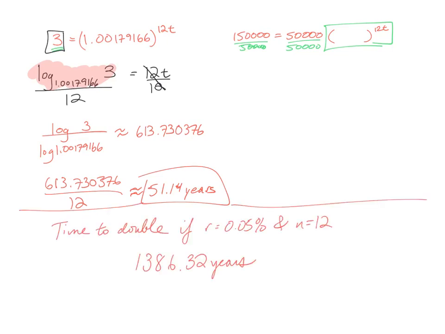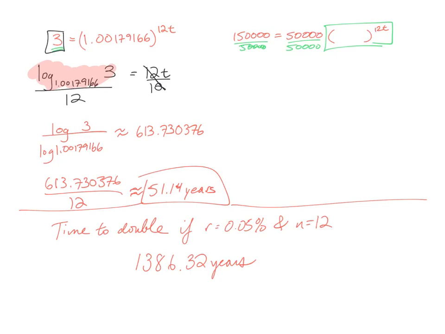And for the sake of time, I just put it up here so you can see the time to double if your interest rate was 0.05% and you were compounding monthly would take almost 1,400 years. That would be like 16, 17, maybe 18 generations for your money to double. So you always want to find a better interest rate. It will shorten your doubling time. But the whole point here is that you can now solve for t in your nthly compounded interest equation.